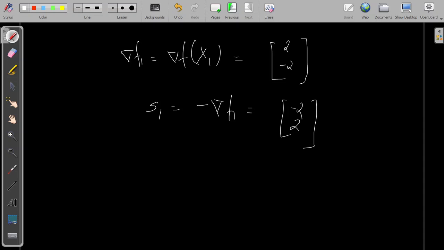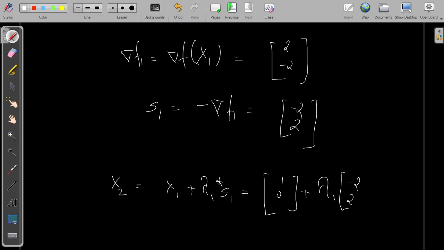Now we find the new base point, the new optimum solution, x2, which equals x1 plus lambda 1 star s1, that is (1, 0) plus lambda 1 times (-2, 2).